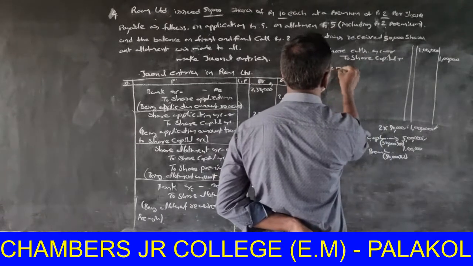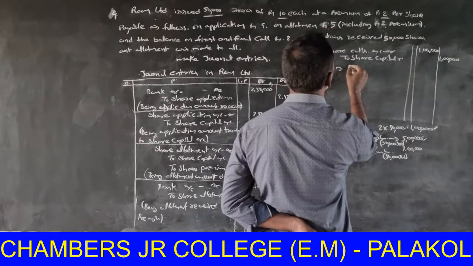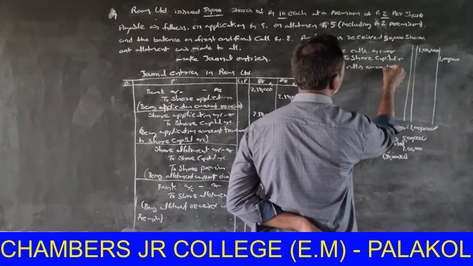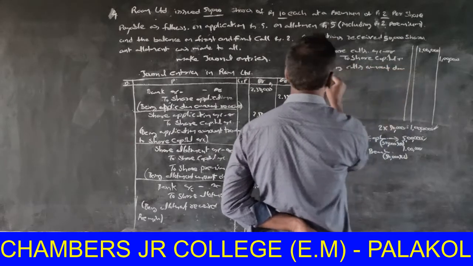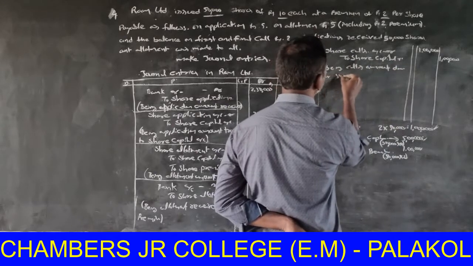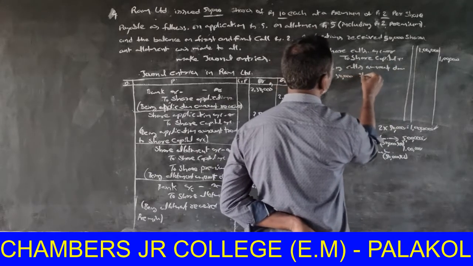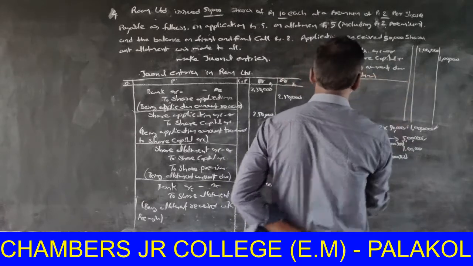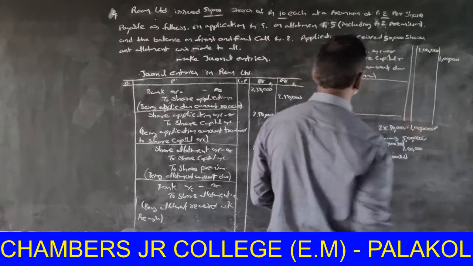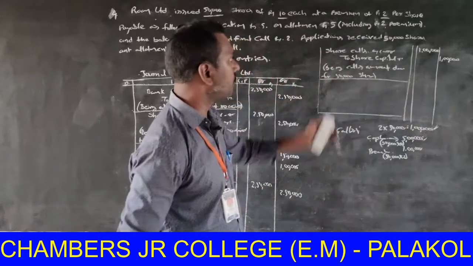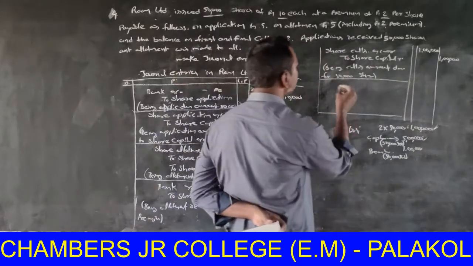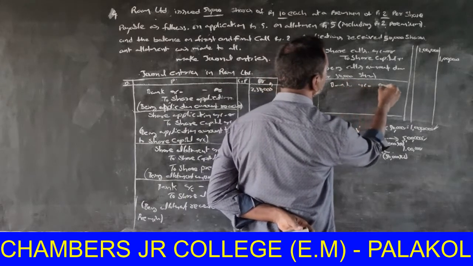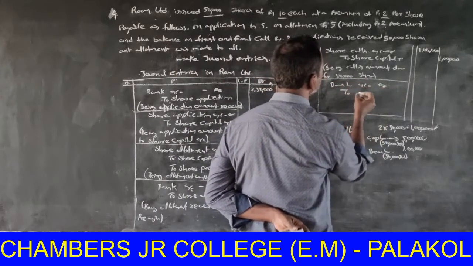Being calls amount due for 50,000 shares. After that, for receiving of calls amount, the journal entry is bank account debit to share calls account.